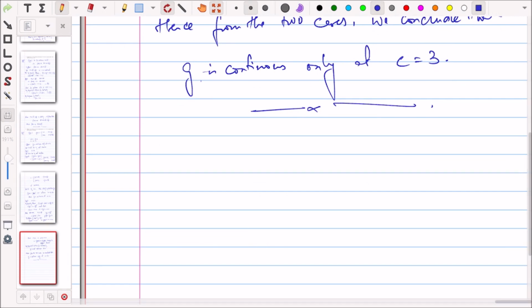Now let us take the next question, which is question number 14. This is a slightly trickier question, but it is similar to what we did for Thomae's function. The proof of this will be similar to the proof of Thomae's function.